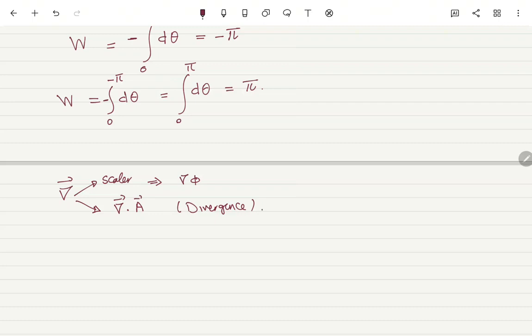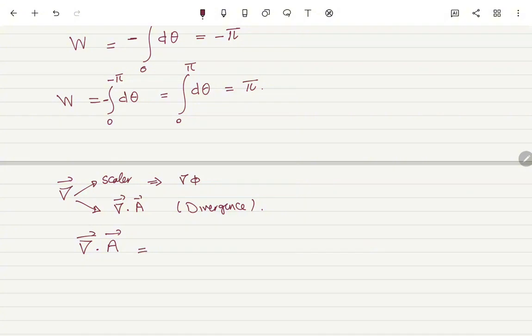The concept of divergence is very important to understand the idea of a source and a sink in physics. And divergence A, and remember, this is a vector and this is a vector, and the result is a scalar quantity because it's a dot product.